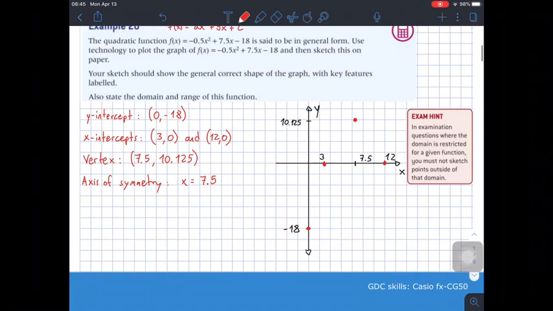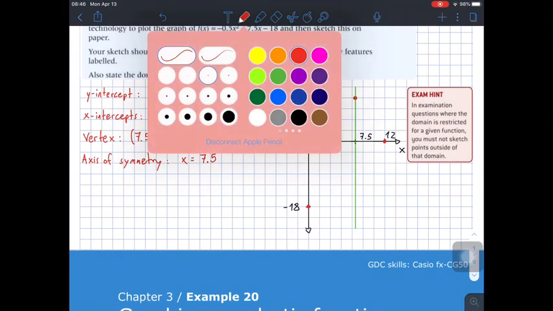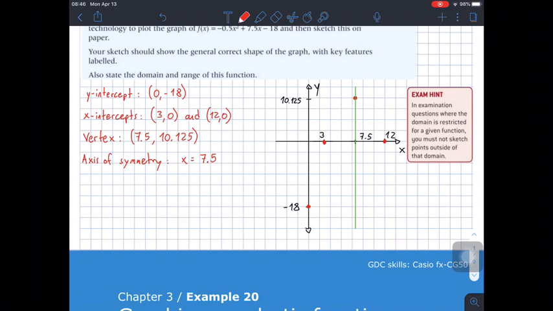Then we have the axis of symmetry, which remember is a vertical line. So I can trace this here. There you go. I'll have to move this a little bit. There. So you have the axis of symmetry. And now that we have all of the main points, we can draw by hand our parabola, which will look something like this.